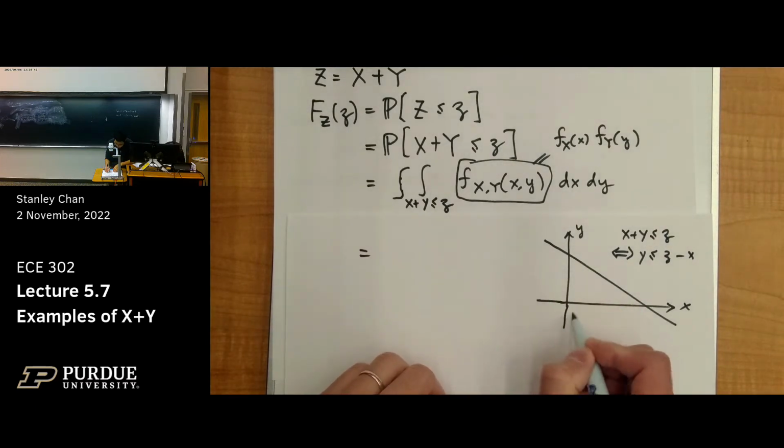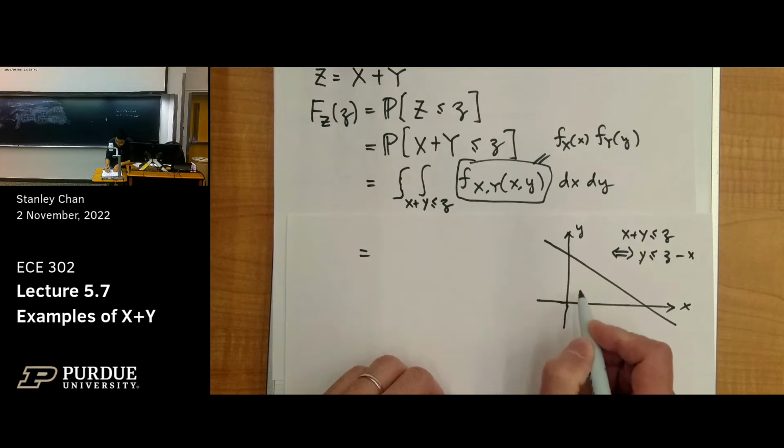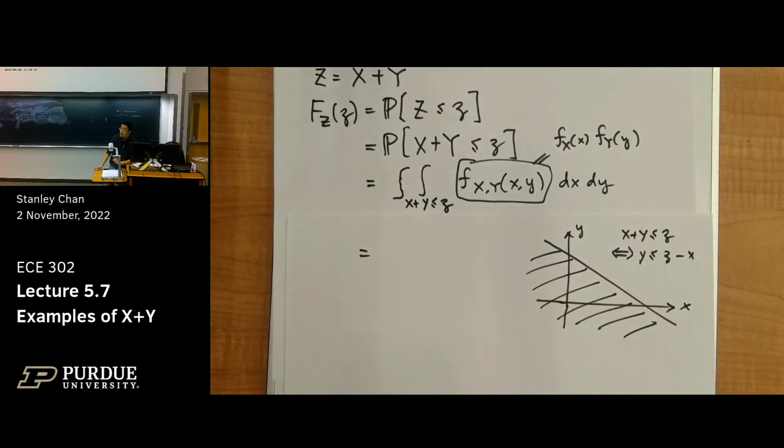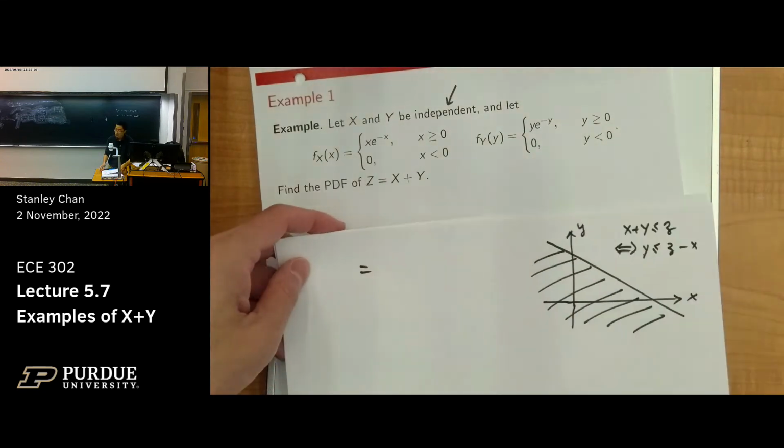And it has to include the origin, because if you put a 0 here, and you have a positive z, then it will be included, so it will be on this side. Now pay a little bit of attention here, because I'm looking at generic fx and fy, it doesn't need to tie to the fx and fy in this problem.